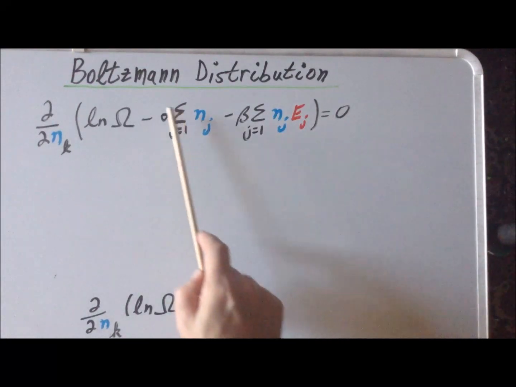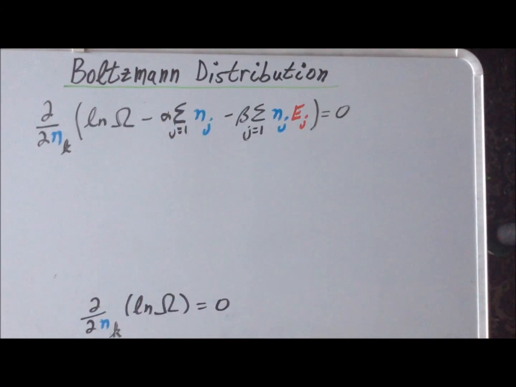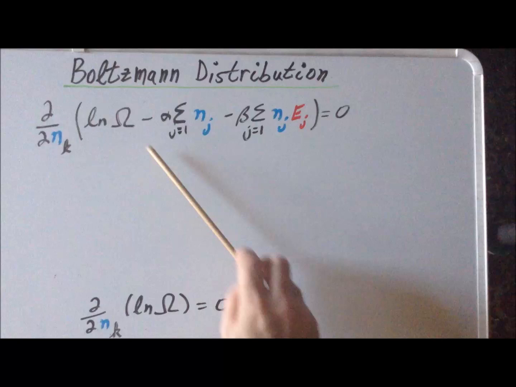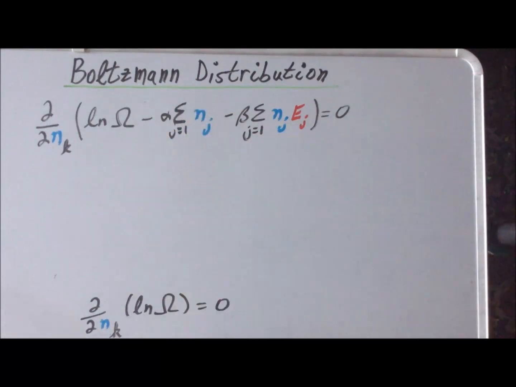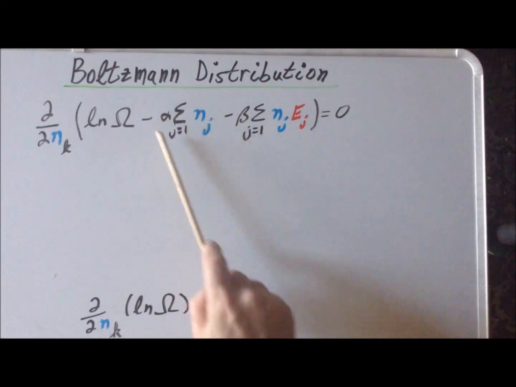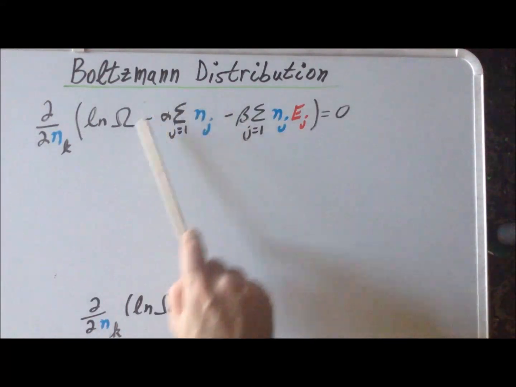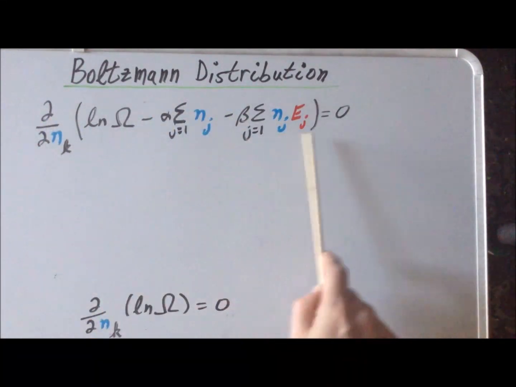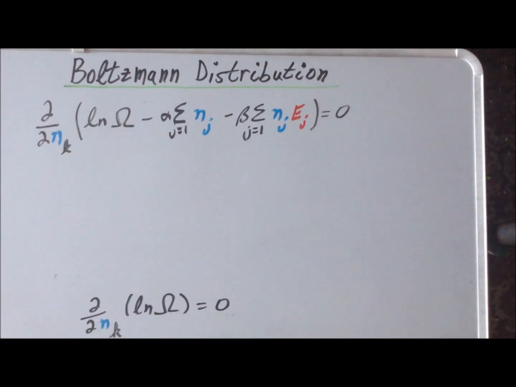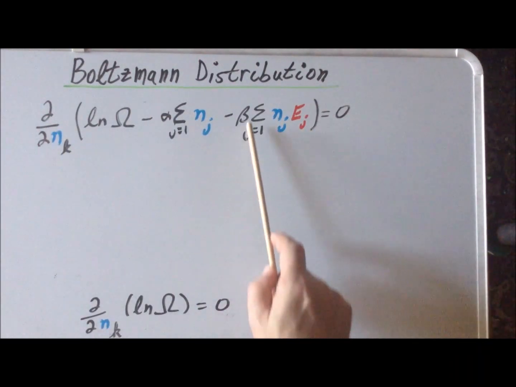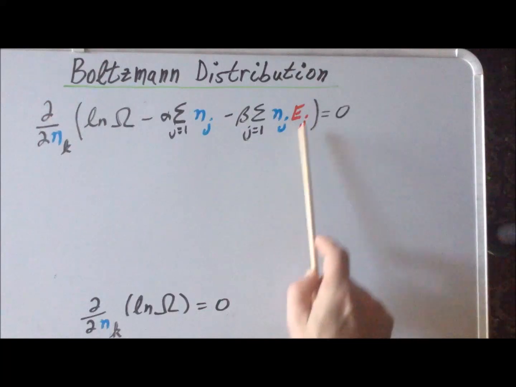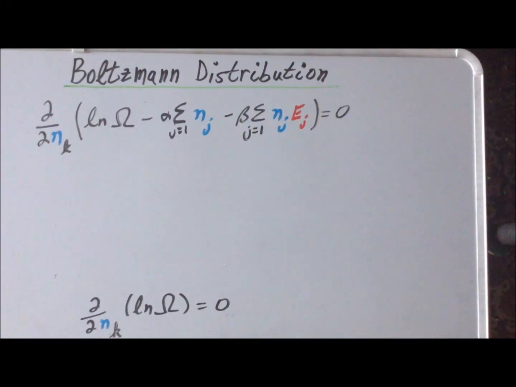This first expression, including the parameter alpha, accounts for the fact that the total number of systems has to equal capital N. That's the first restriction, imposed by adding this particular term to every single one of these derivatives. The second expression, where we have beta, involves the total energy of the system, so this accounts for the fact that the total energy of the system cannot change.